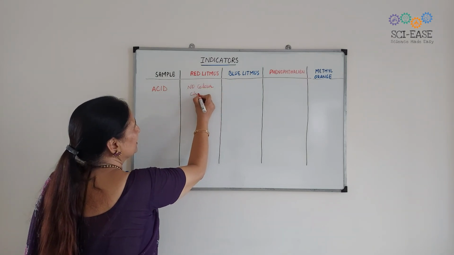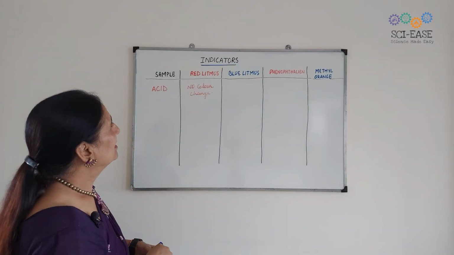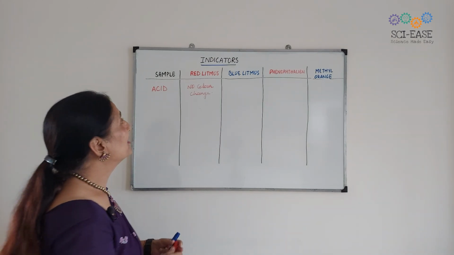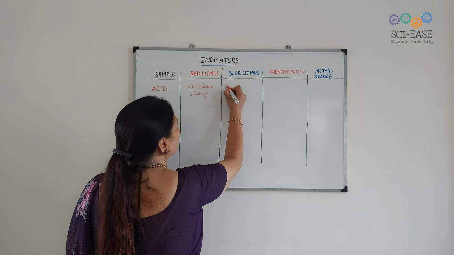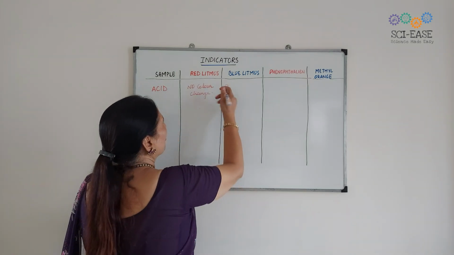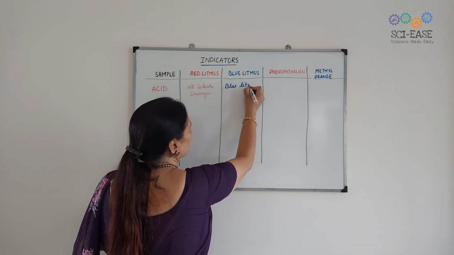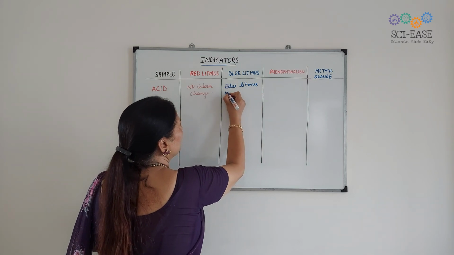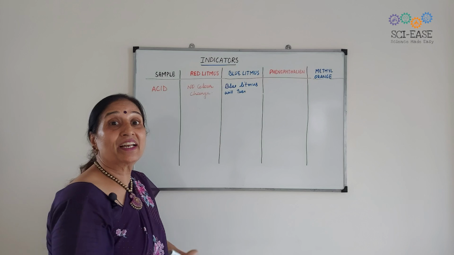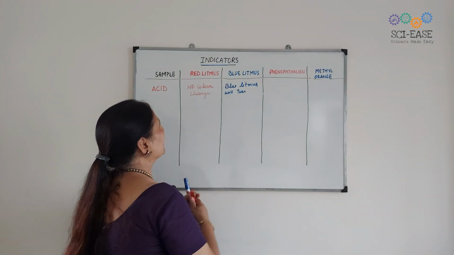And blue litmus will turn red. This means acids always show red color.